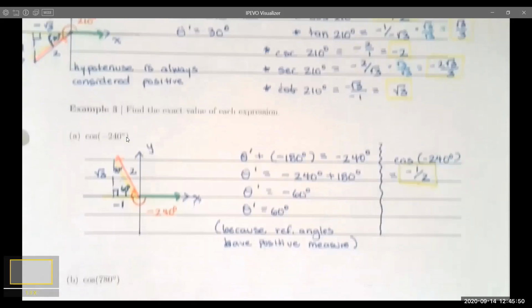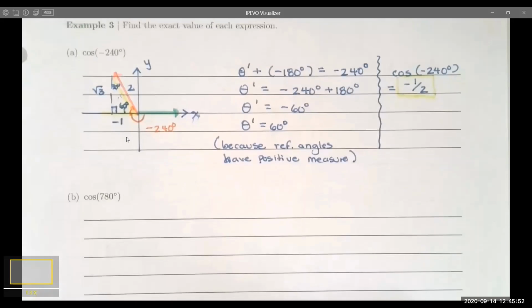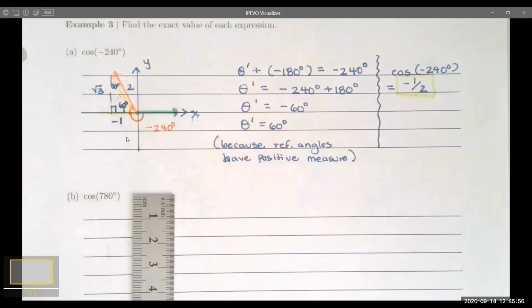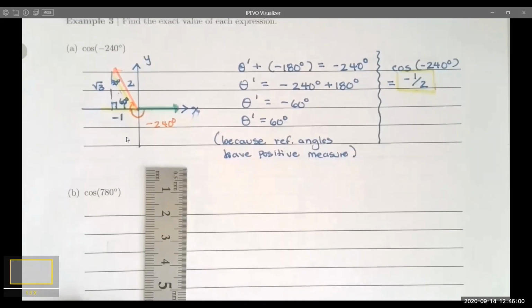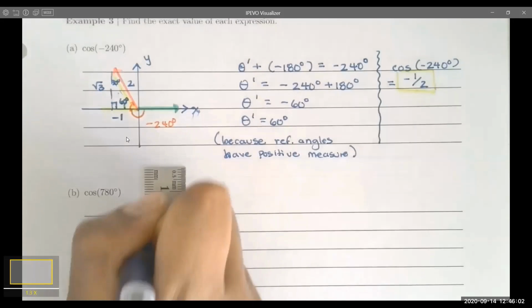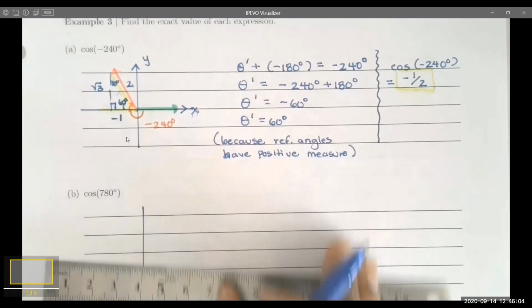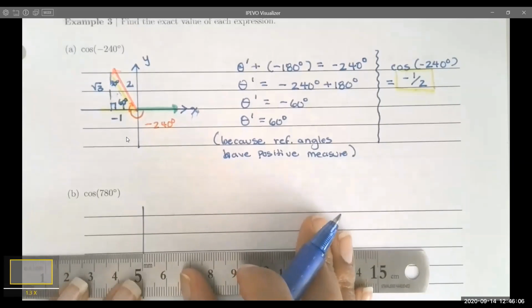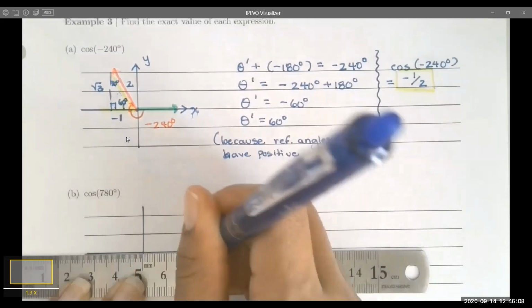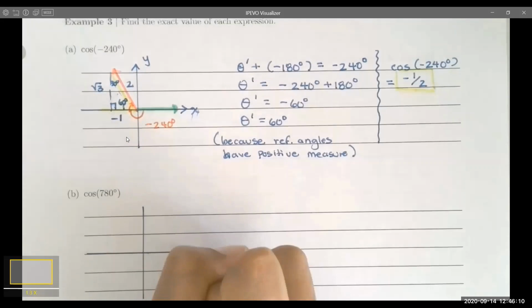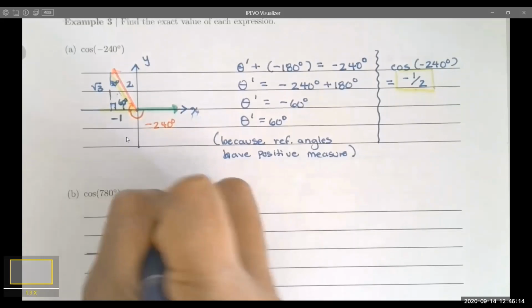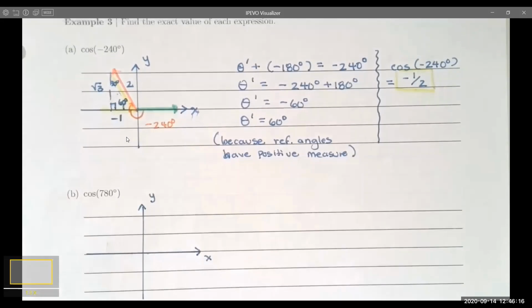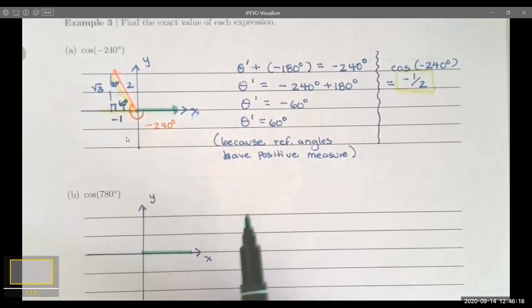And one more part to this example 3, and that is to find cosine of 780. So again, let's go through the steps. First part, let's draw the diagram. Initial side on the positive x-axis.